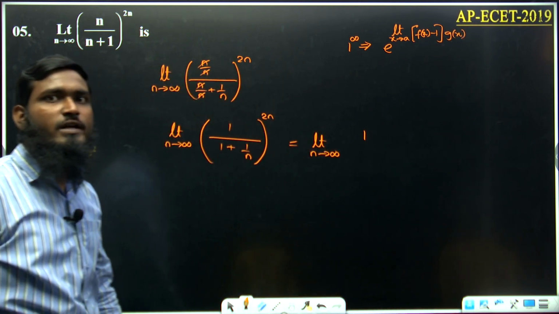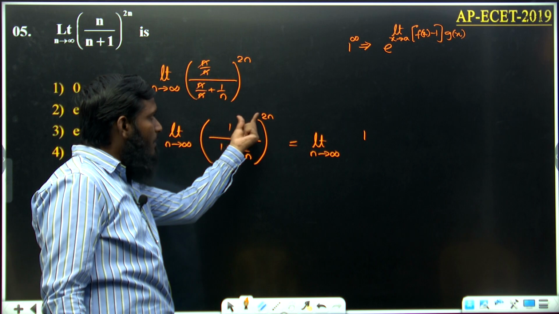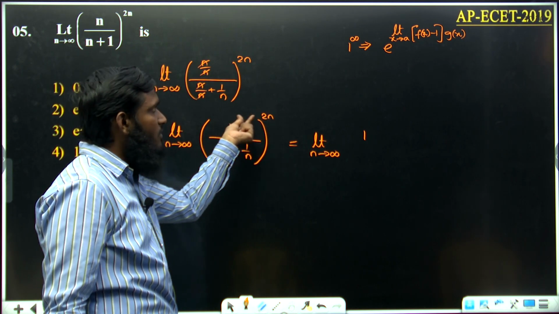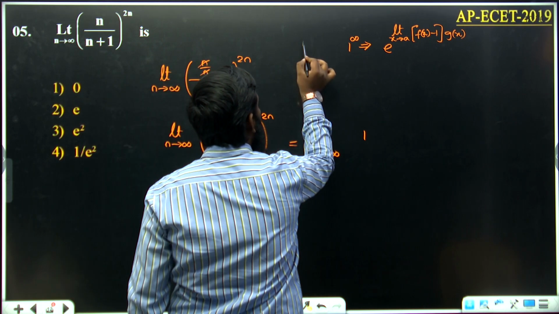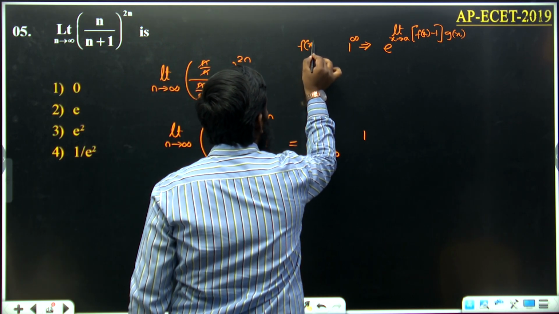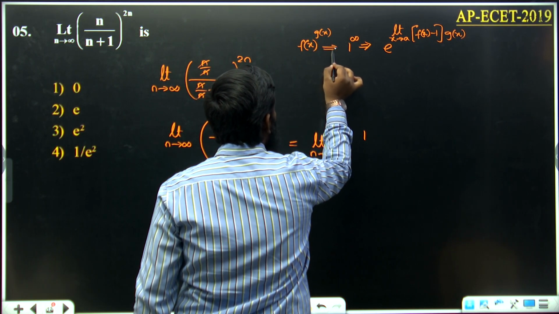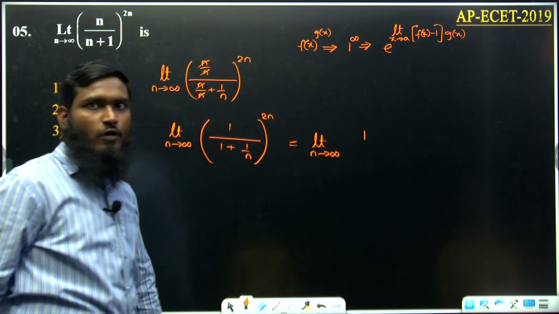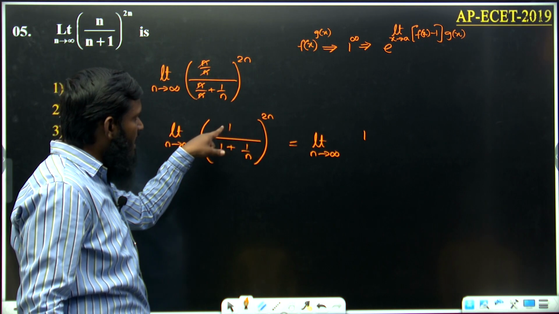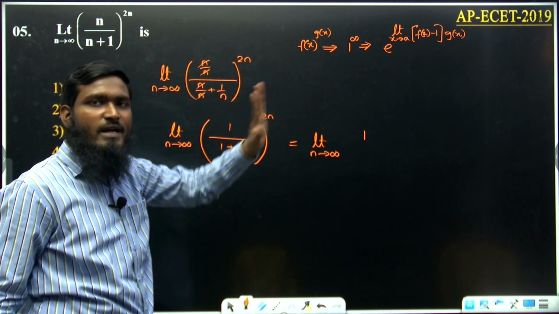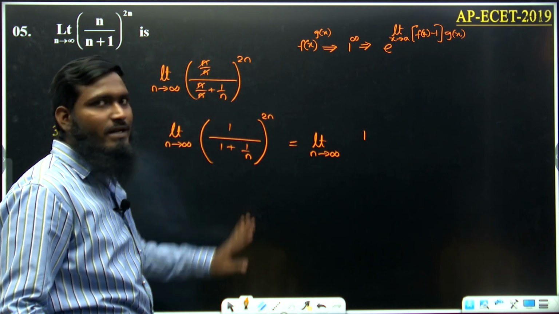So for this 1 power 2n what we are having, this is f of x, this is g of x, okay. Whenever we are having in the form of f of x power g of x, and we are getting 1 power infinity form, we have to use that formula, okay. So if you are applying that formula, then also we will be getting the same answer as 1 over here. So I have taken directly, okay.